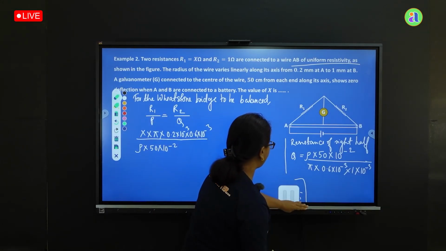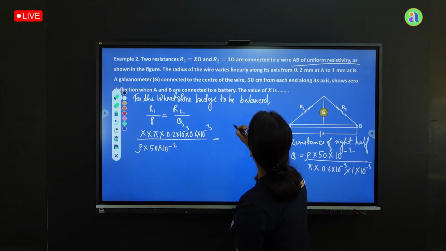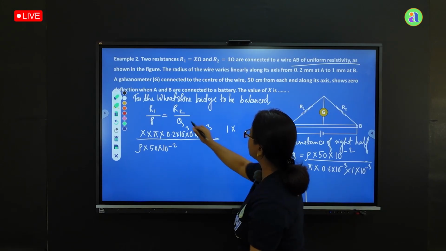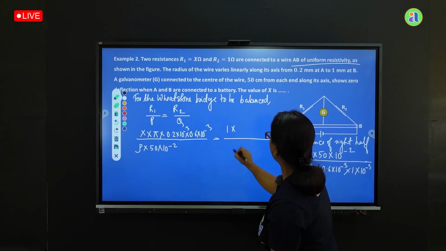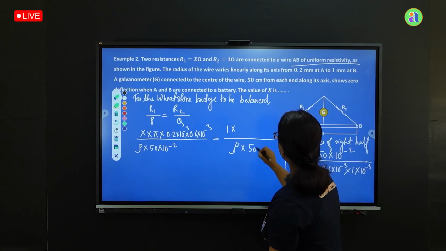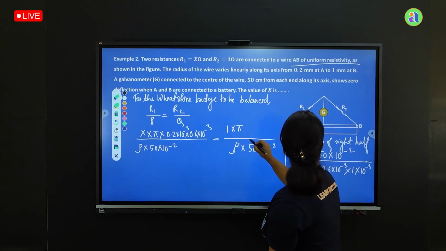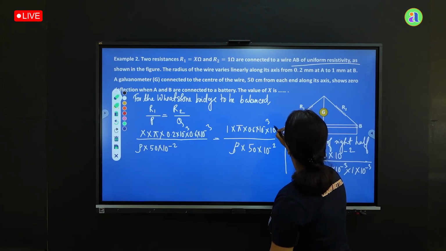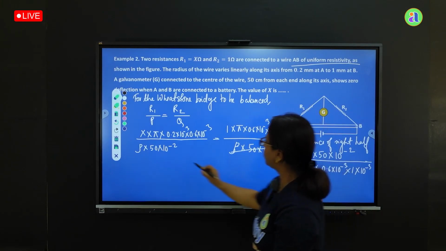Looking at the second part, this is equal to R2, which is 1, by Q. Q is this: rho times 50 times 10 to the power minus 2, and in the denominator pi times 0.6 times 10 to the power minus 3 times 10 to the power minus 3. So look at the common terms getting cancelled out.